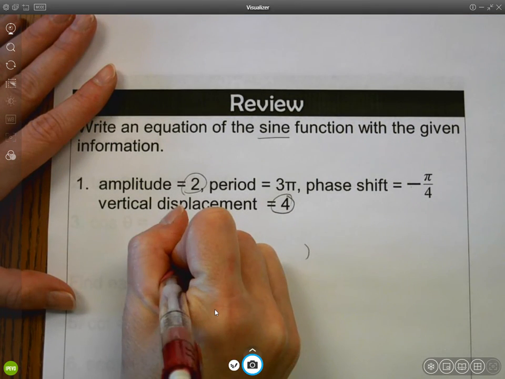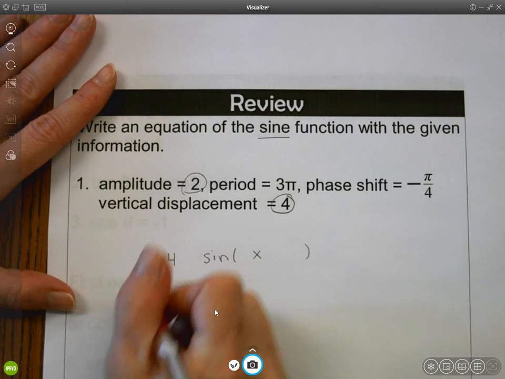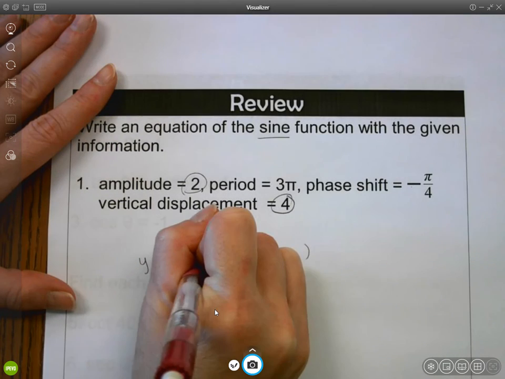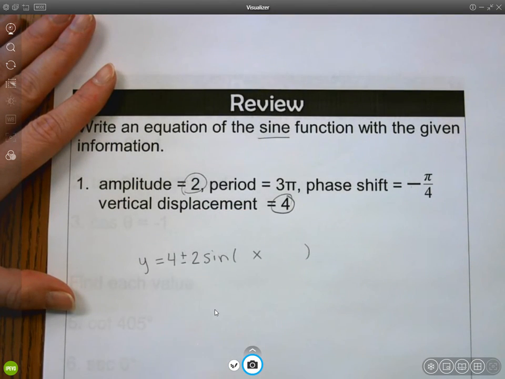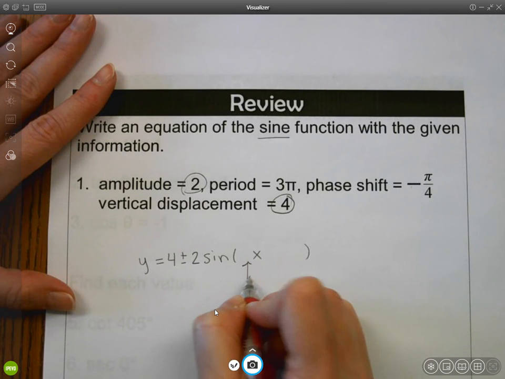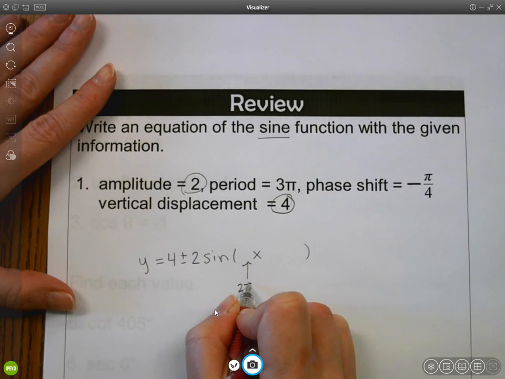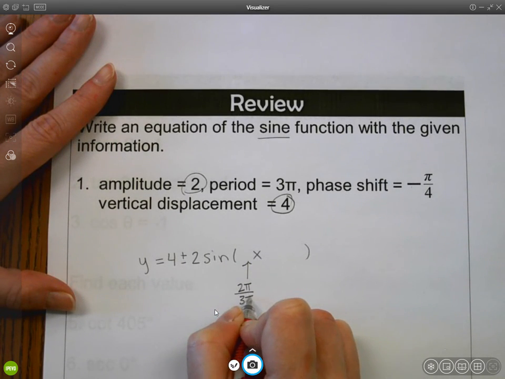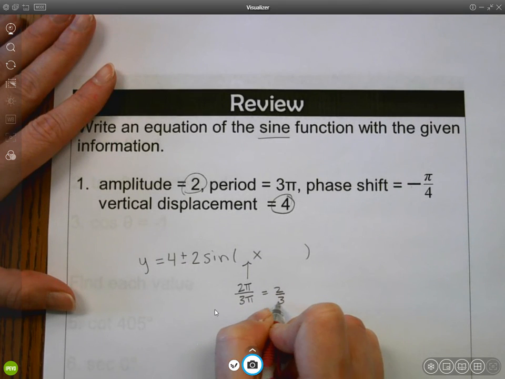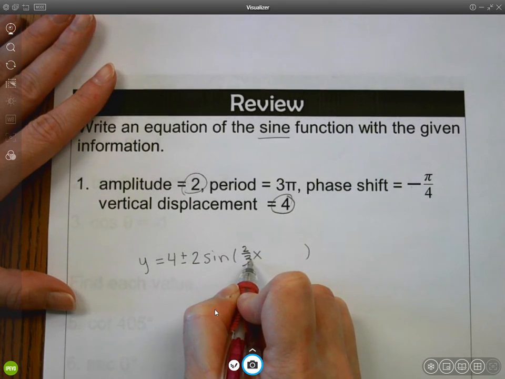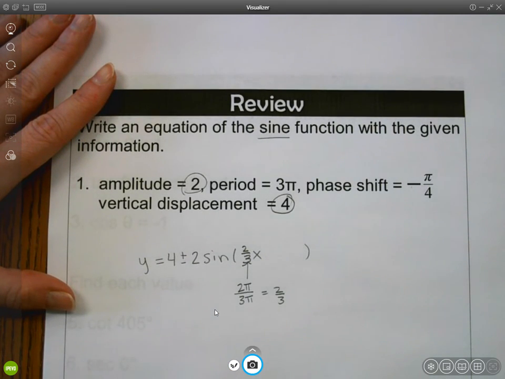Vertical displacement is the very first number. Then you do plus or minus the amplitude. That's what goes in front of sine. Vertical displacement plus or minus amplitude. All right, so get this number. You take the normal period of sine and divide by the new period, and it gives you the number that goes there.